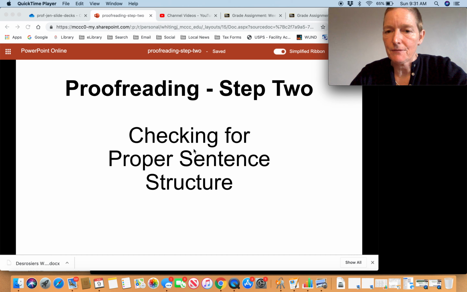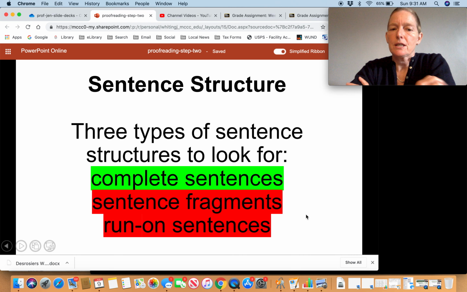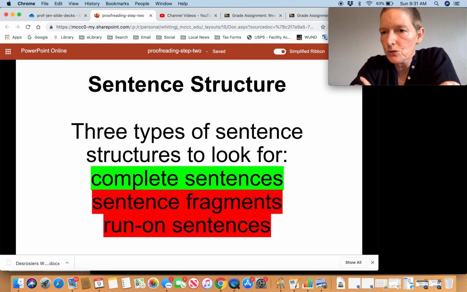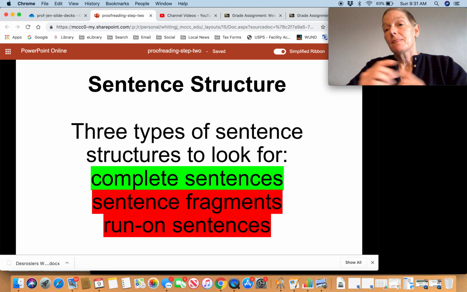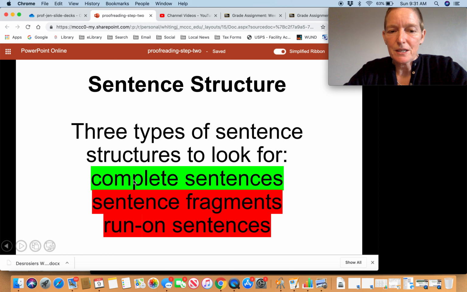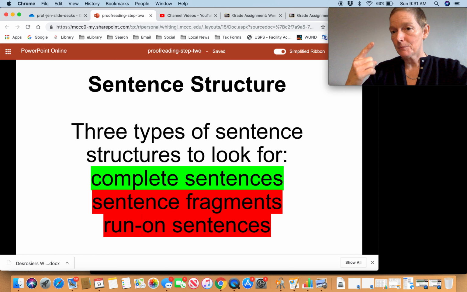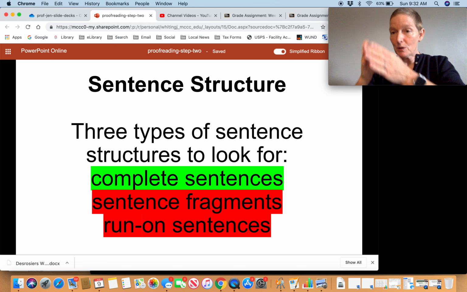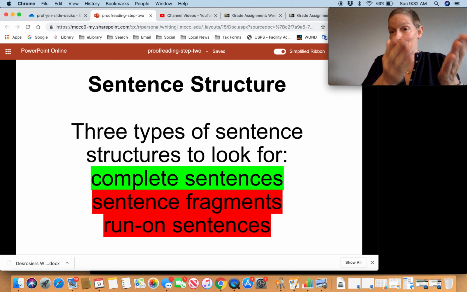Let's talk some specifics here. The first thing I want to do is have you take a look at what types of sentence structures there are. There's one that you want. You want complete sentences. A complete sentence, as I said, has a subject and a verb and an object, right? So the subject is doing something and they're doing it with something.